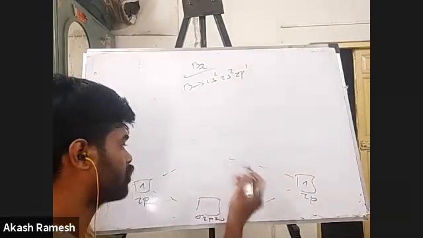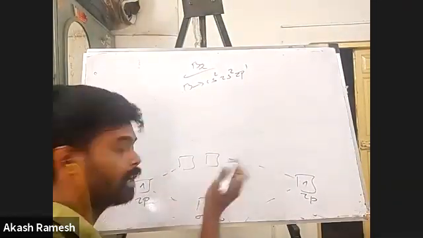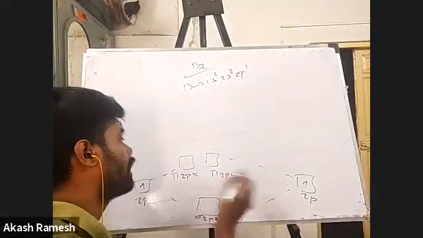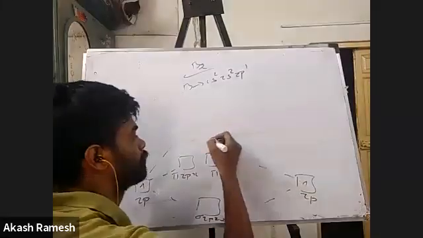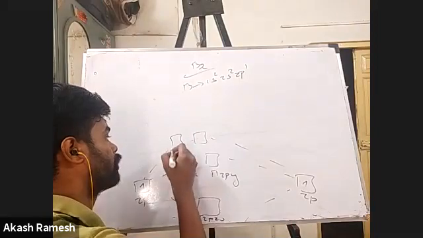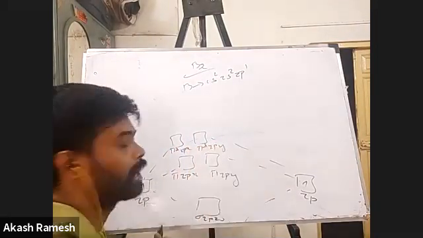Right. So after this, what I'm going to have is 2 orbitals of equal energy, that is my pi 2px equal to pi 2py. And I also have another 2 orbitals which are pi star 2px and pi star 2py.